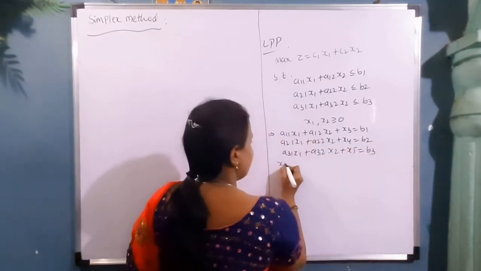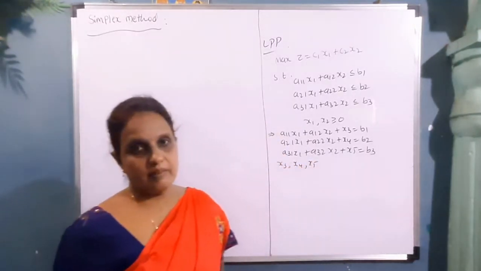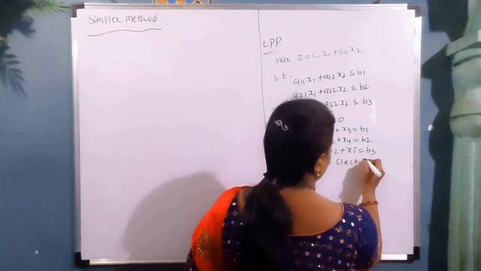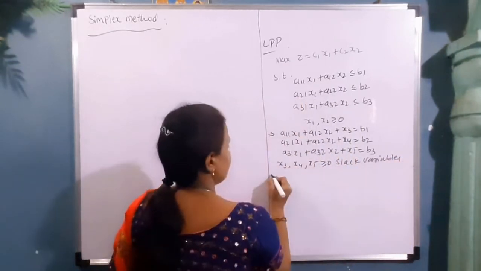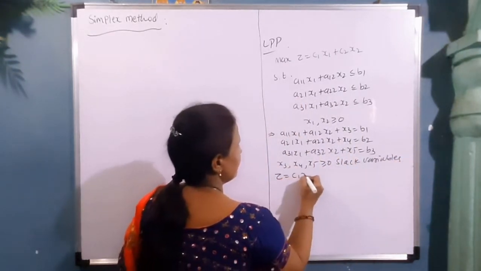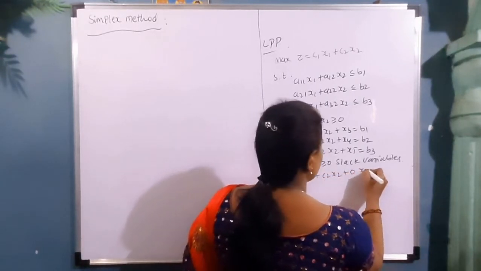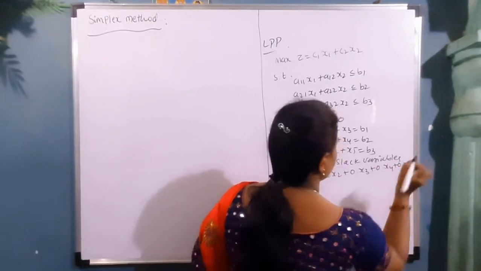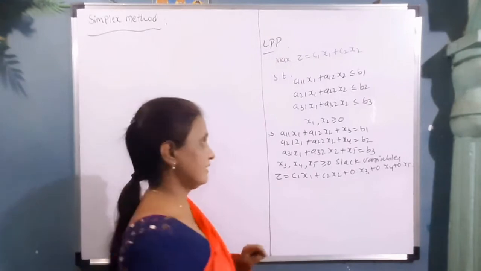Here x3, x4, x5 are slack variables, which are always positive. Now the objective function will be written as z equal to c1 x1 plus c2 x2 plus 0 into x3 plus 0 into x4 plus 0 into x5. This will be the objective function.